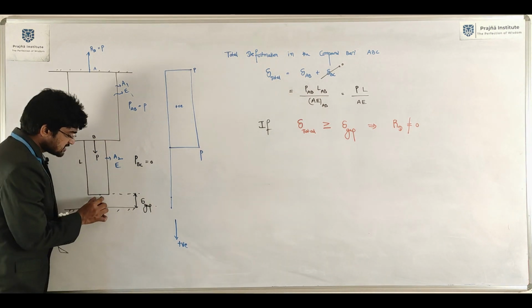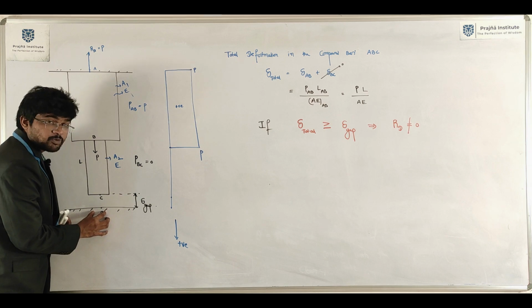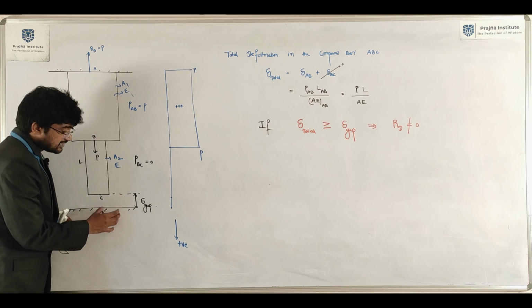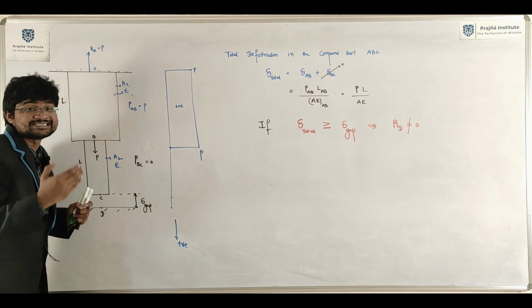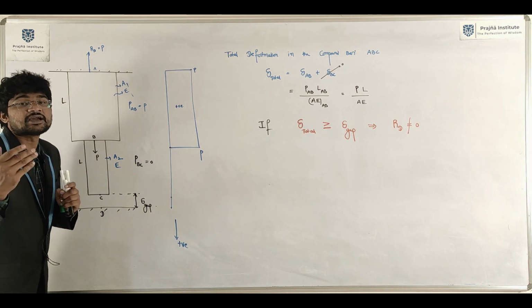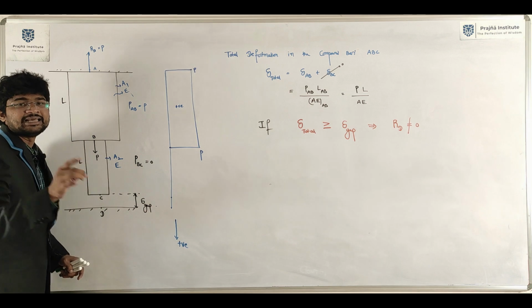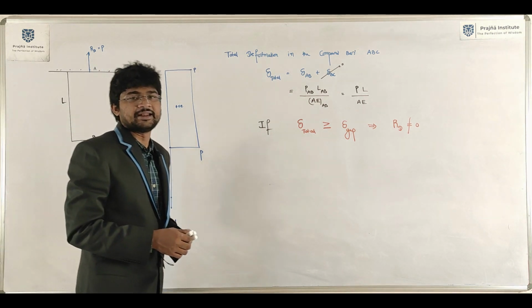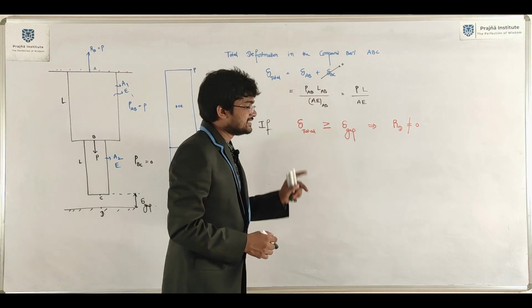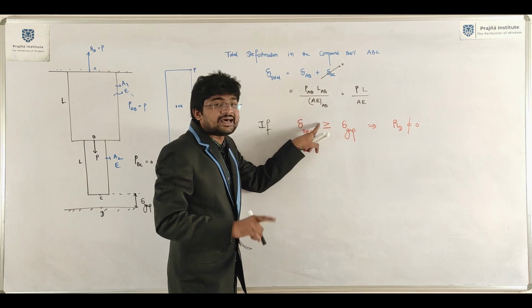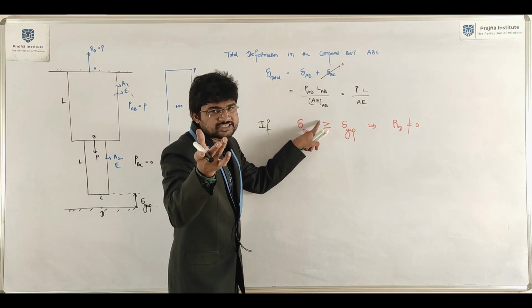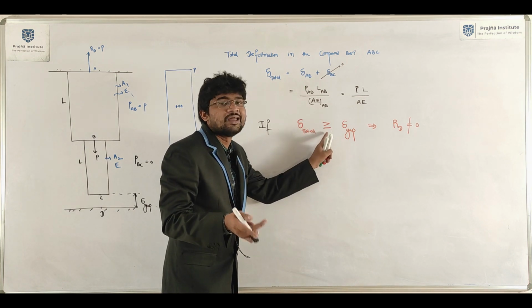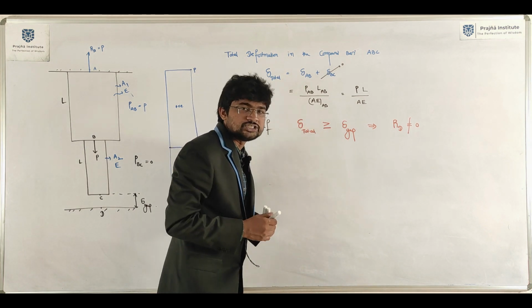Because once point C touches this point, there is a restriction on the deformation of the compound bar ABC. Whenever restriction comes, immediately reaction will be there. So if delta total is greater, of course support reaction will come. Even if it is equal, RD is not equal to 0.